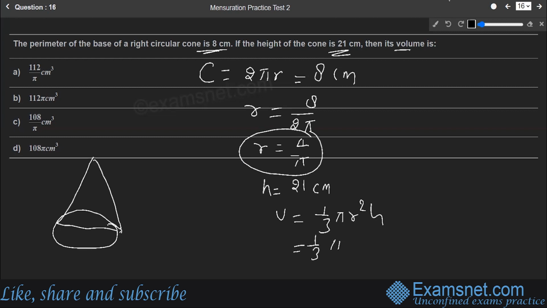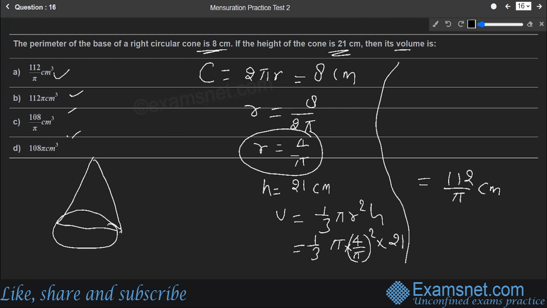So 1 by 3 pi into r value, which is 4 by pi whole square, into h value, which is 21. All the options are given in terms of pi only, so we don't need to put the value of pi in there. We can rather solve it using pi as pi itself. If we solve this further, it is ultimately coming out to be 112 by pi centimeter cube. So that is the right volume he had asked for.